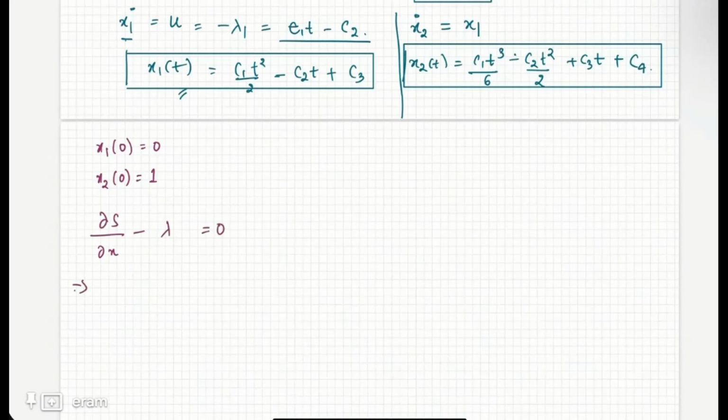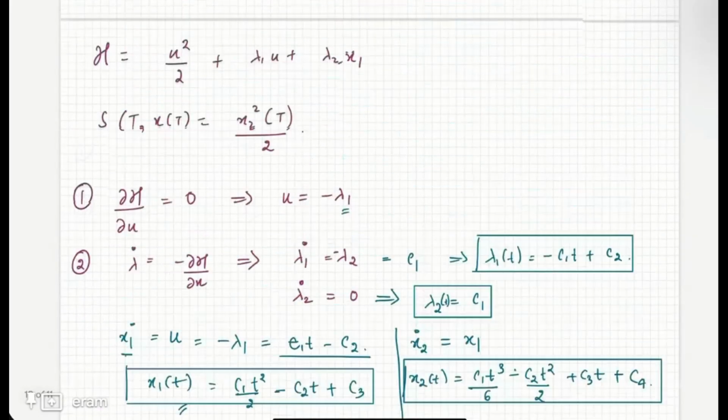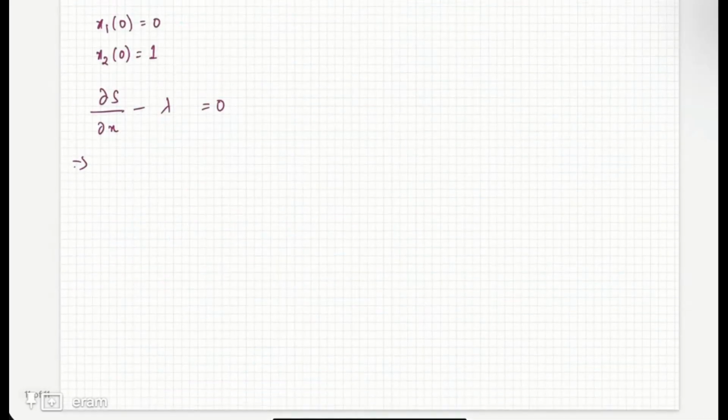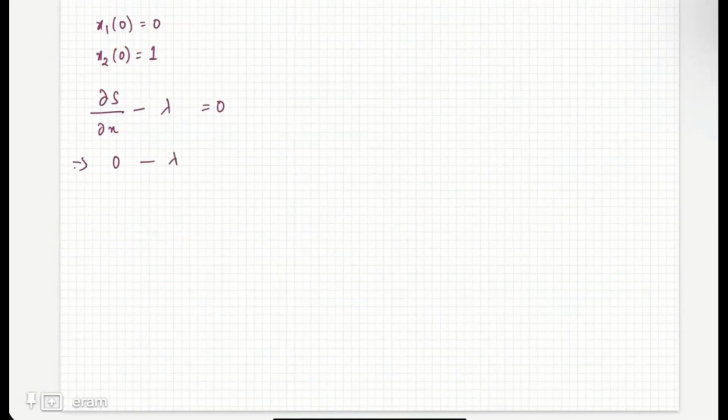Now what is del S? S is just x2 square by 2. So its derivative with respect to x1 is 0 and lambda 1 will be 0. So at t, lambda 1 at t is 0. Alright.